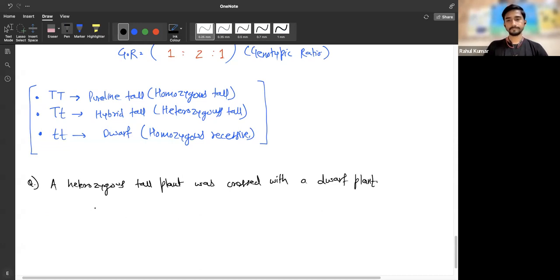Find out the genotypic ratio and the phenotypic ratio in the next generation.